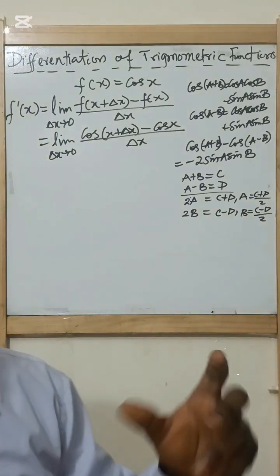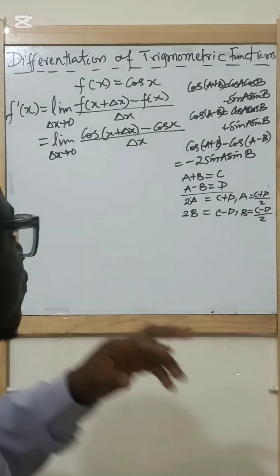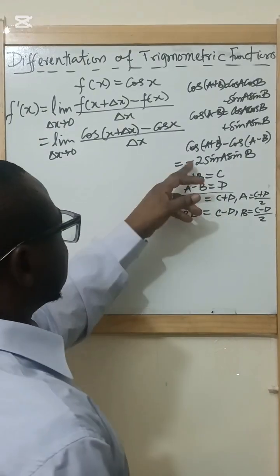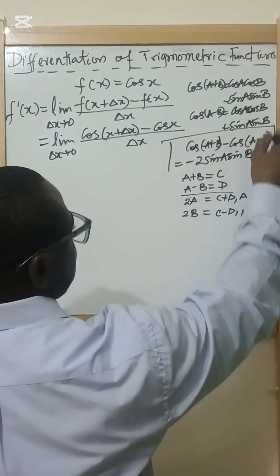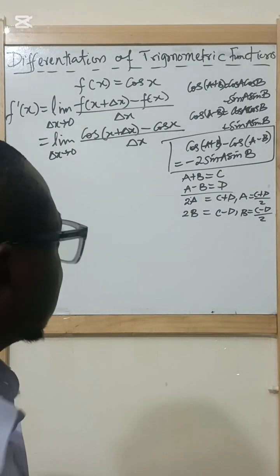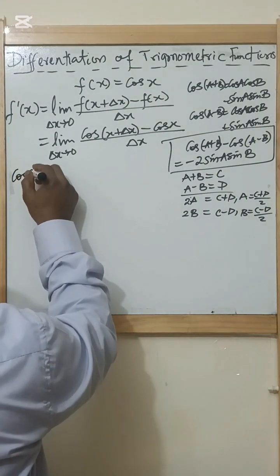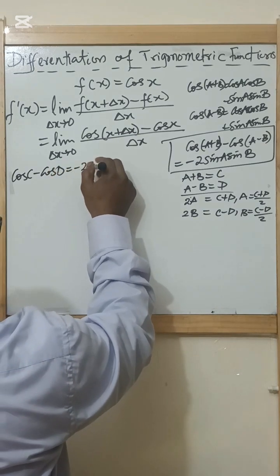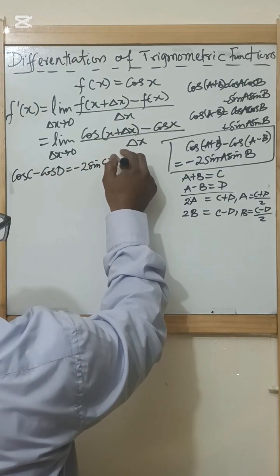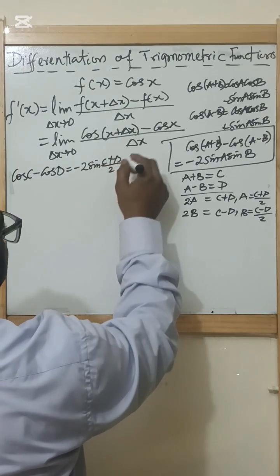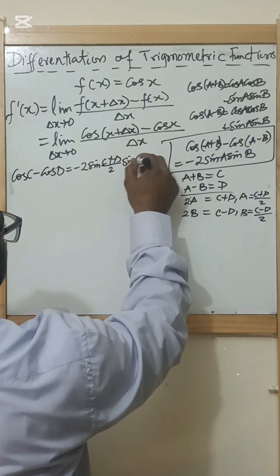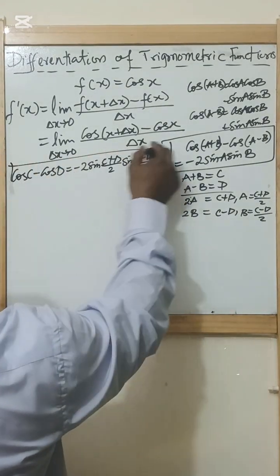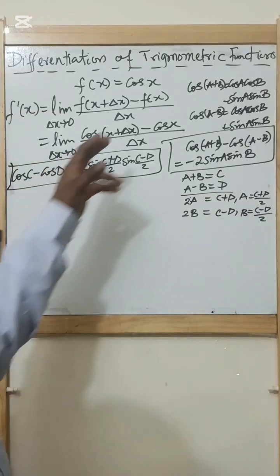Right? So from here we will put these values into this identity. So cos C minus cos D will be minus 2 sine of (C plus D) all over 2, sine of (C minus D) over 2, right? So that will be the identity that we are going to use to replace this.